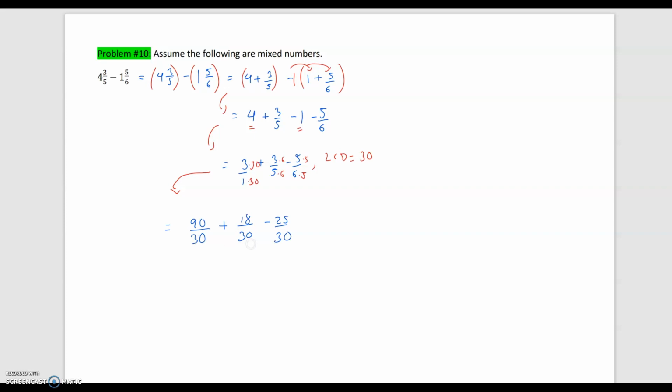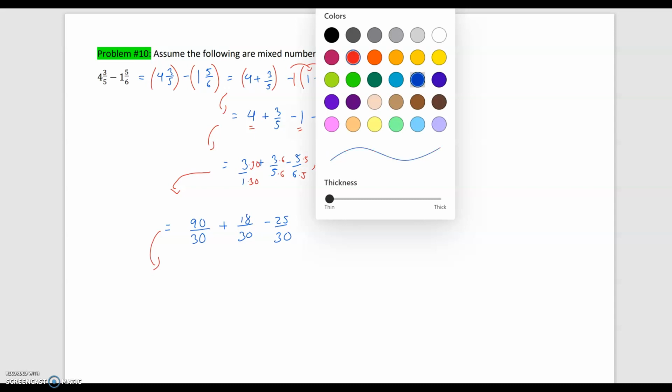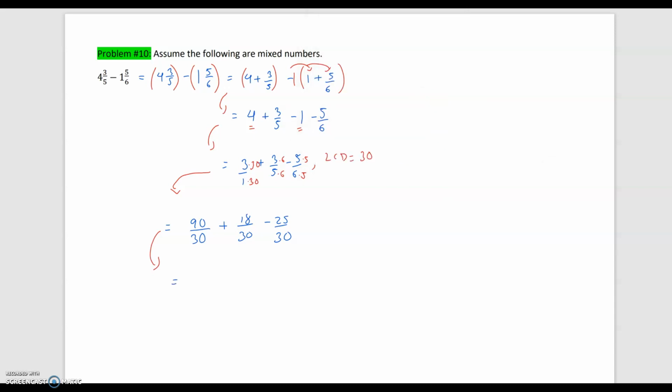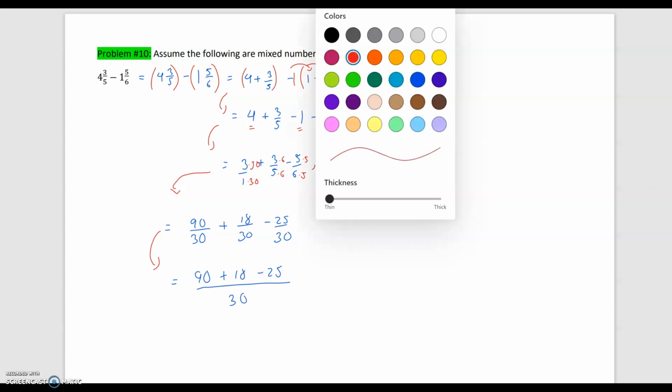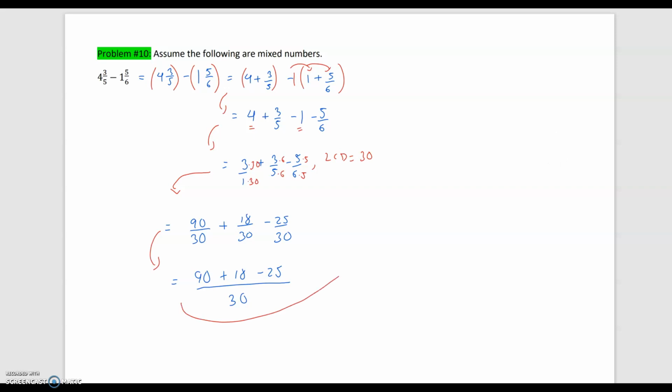And then since we now have them over 30, let me rewrite it as a single fraction. So our single fraction is going to be 90 plus 18 minus 25 over 30. And let me take one step and combine the numerators.